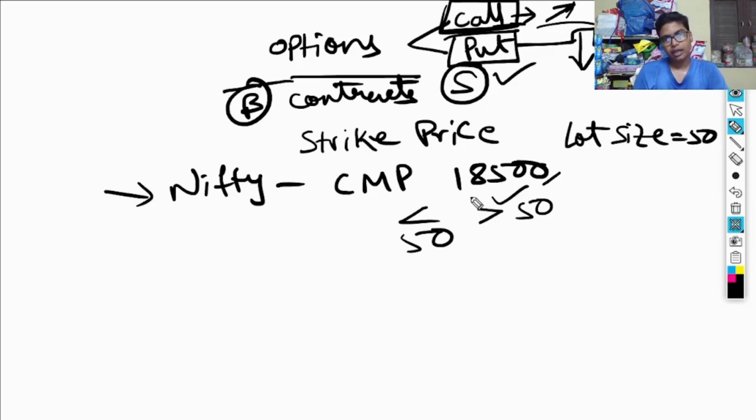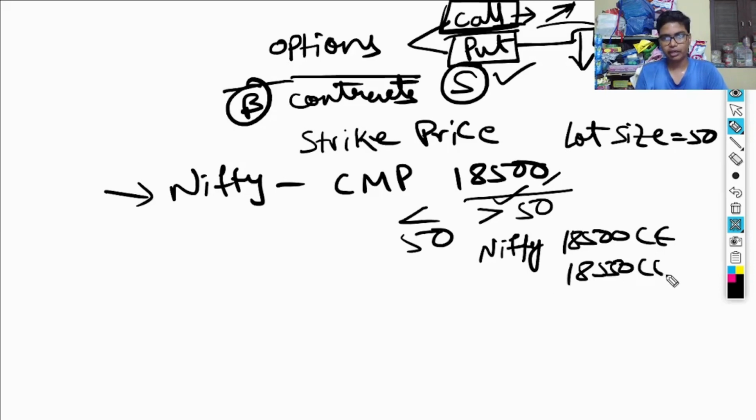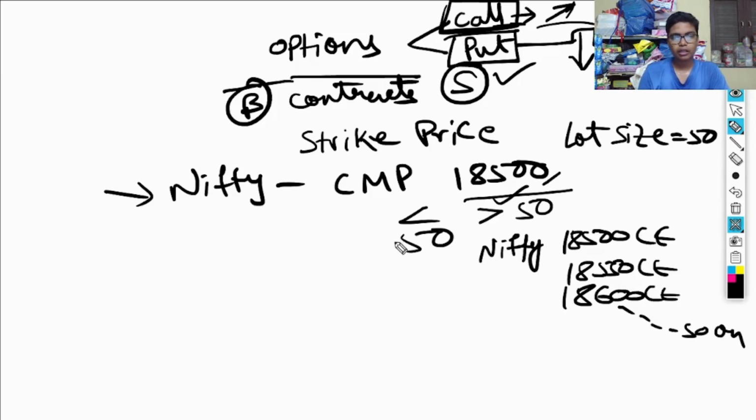If 18,500 is there, then for every 50 points: 18,500 call option, plus 50 points, 18,550 call option, that is indicated by the CE, and 18,600 call option, and 18,650 call option, and so on. Like this, it will be available in the case of the put options too.